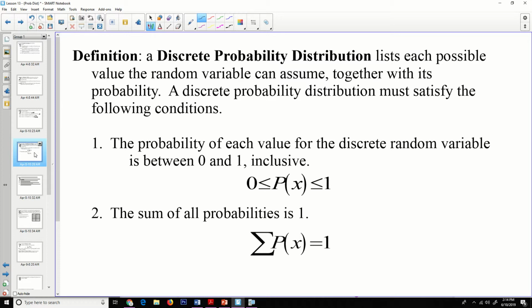Number one, the probability of each value for the discrete random variable is between 0 and 1 inclusive, and the sum of all of the probabilities is 1. We've done some distributions before in tables, and that's what this is going to look like. We're going to have the outcomes in one column, and the probabilities in another column. And then as a check, we'll add up all the probabilities and make sure that it's 1.